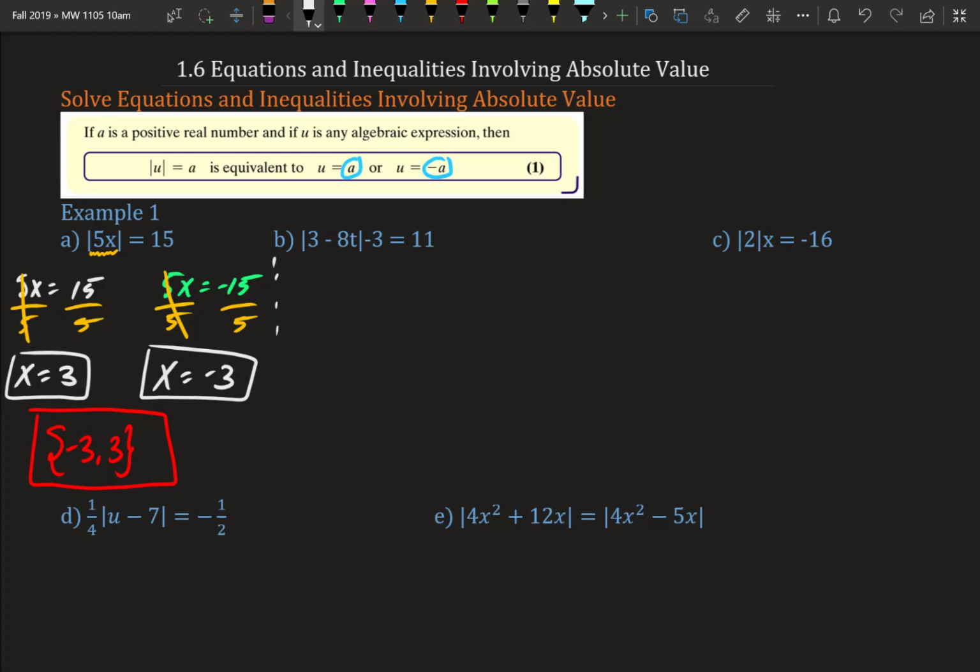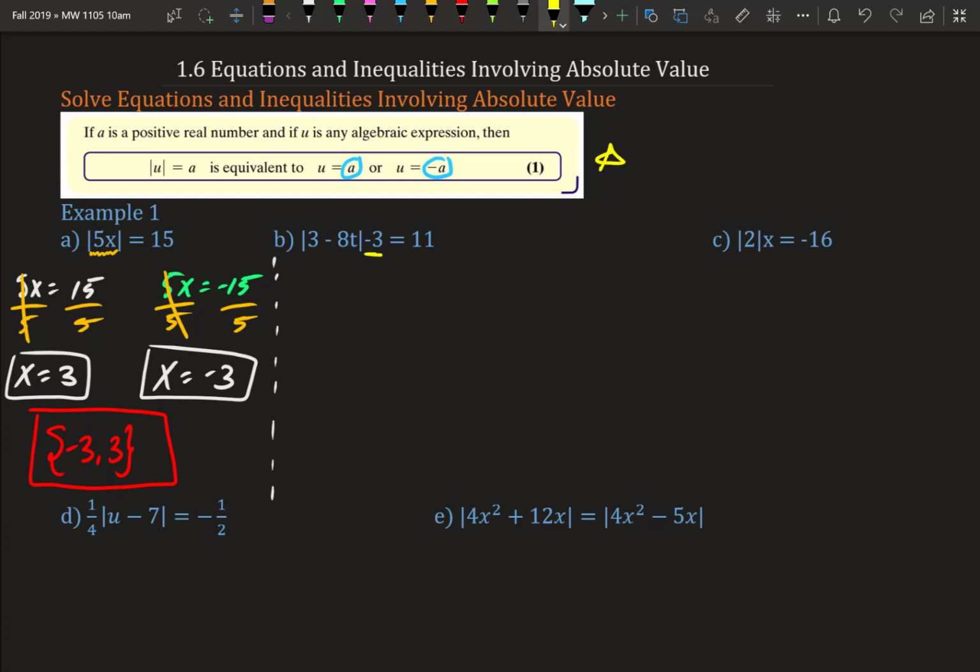Let's move on to part B. You probably noticed something about part B. If you didn't, I will underline it so we can see it. Right there, that negative 3. You notice on part A, the absolute value was by itself. So that's something we need to be careful of.